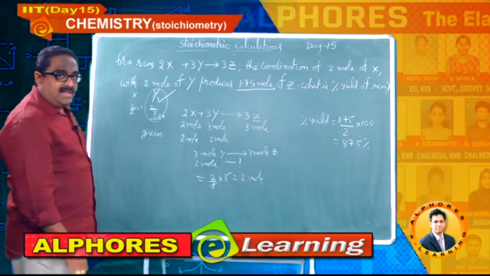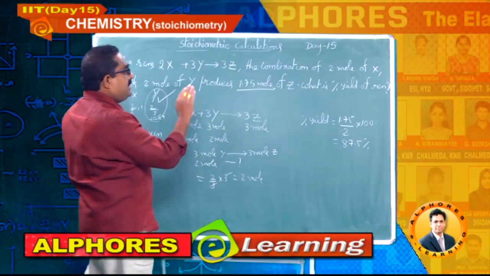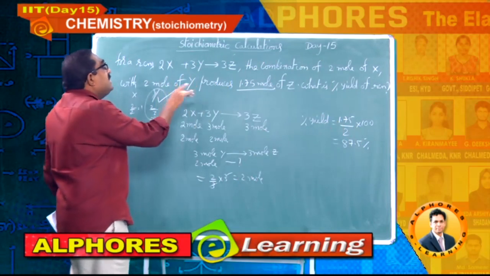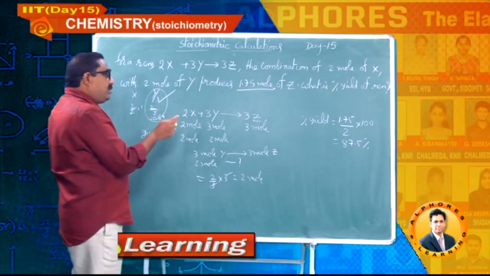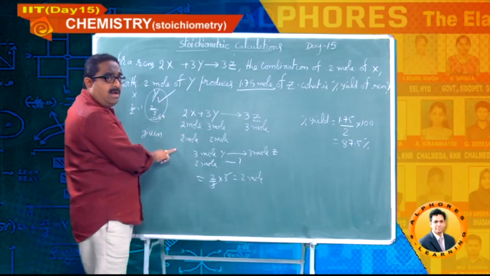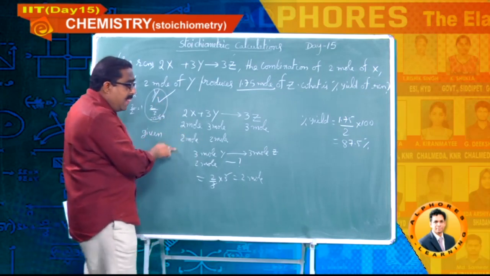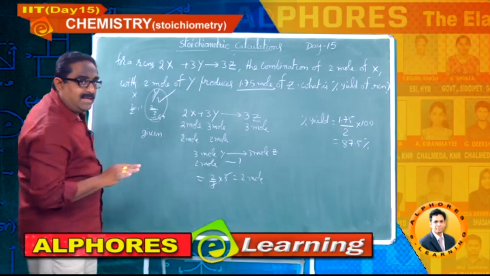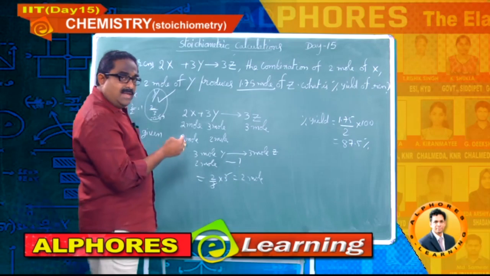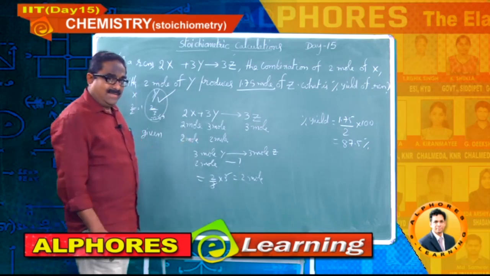So that is the percentage yield of this particular process. Here he has included two concepts: the limiting reagent concept for the estimation of theoretically calculated product, and percentage yield. Please note it down, then I will go for the next question.